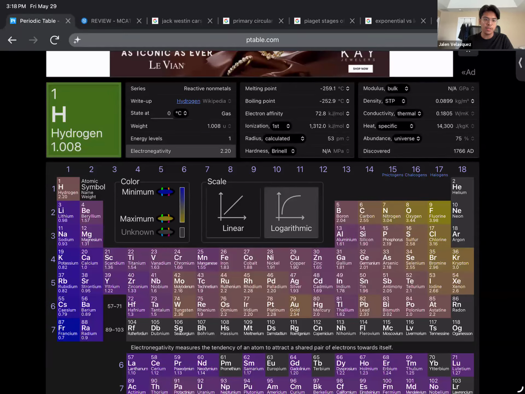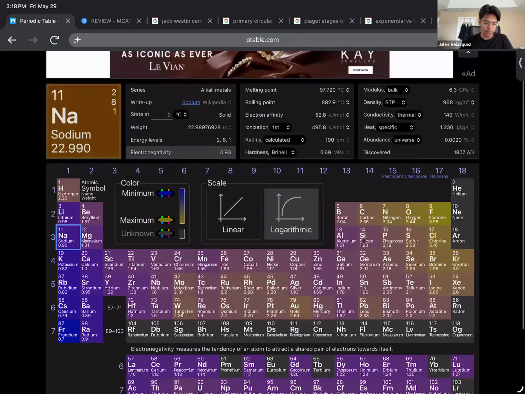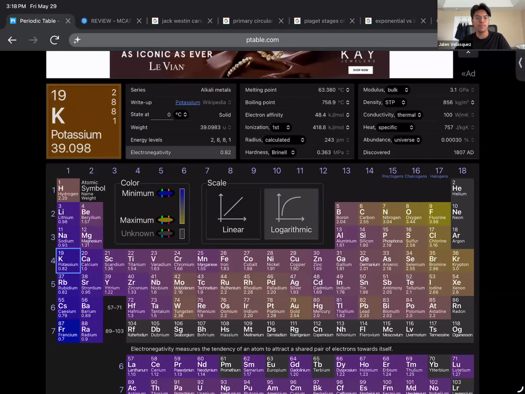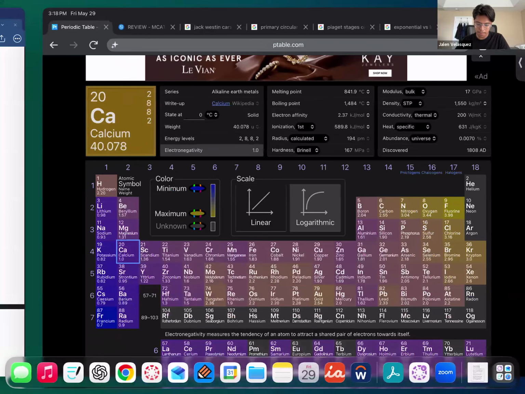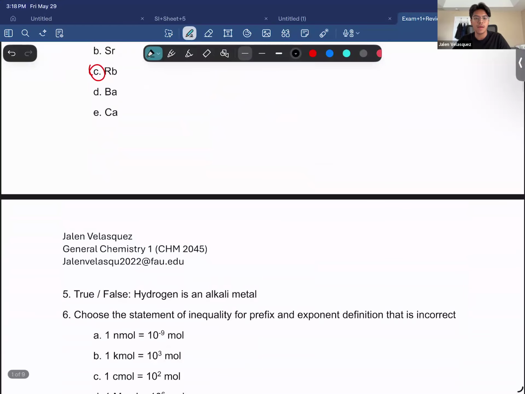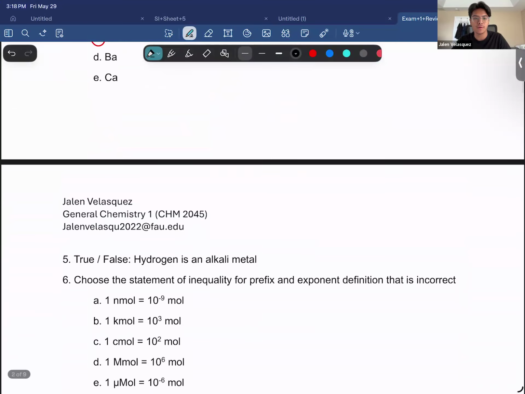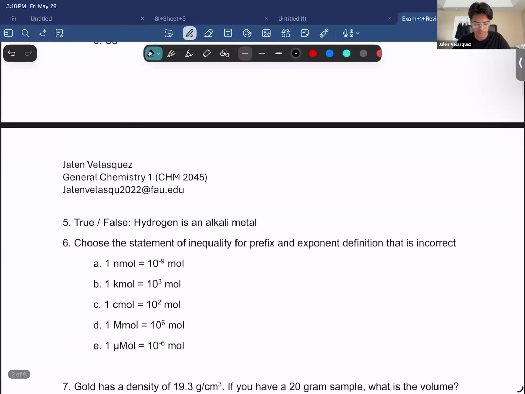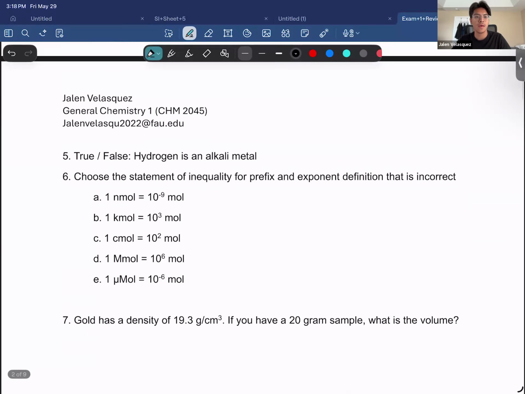So you need to know that group one, these metals, so lithium, sodium, potassium, these are the alkali metals. Group two, these are the alkaline earth metals. Okay, so just make sure you know that. And if I'm going too fast, if a question pops up, just feel free to stop me.